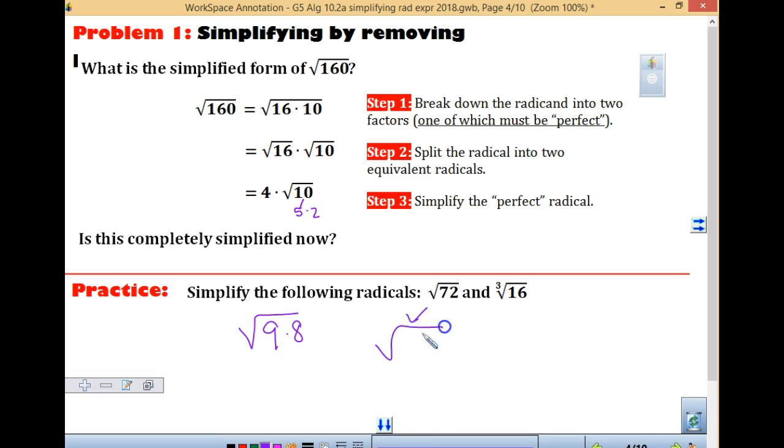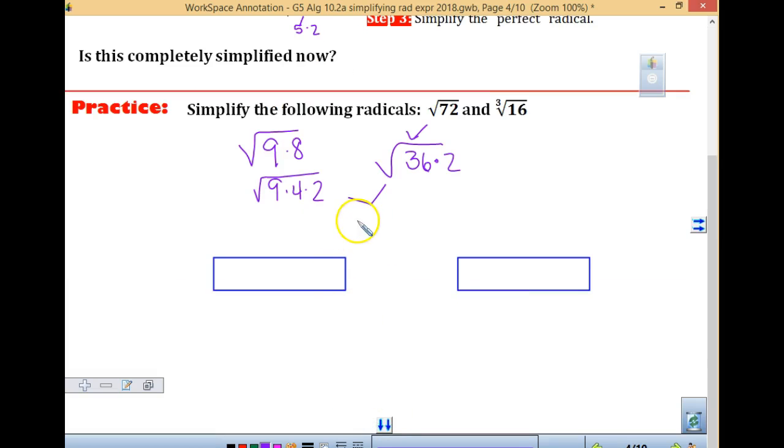You could have gone 36, right? 36 times 2. So if you go with the bigger square, there's less factoring. Is this one still going to get you the same answer? 9 times 4 times 2? Yes. Both answers for this are going to be 6 square root 2.